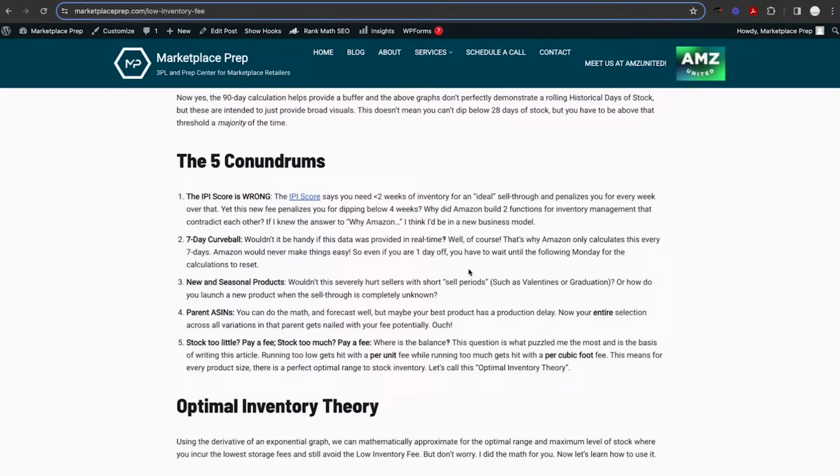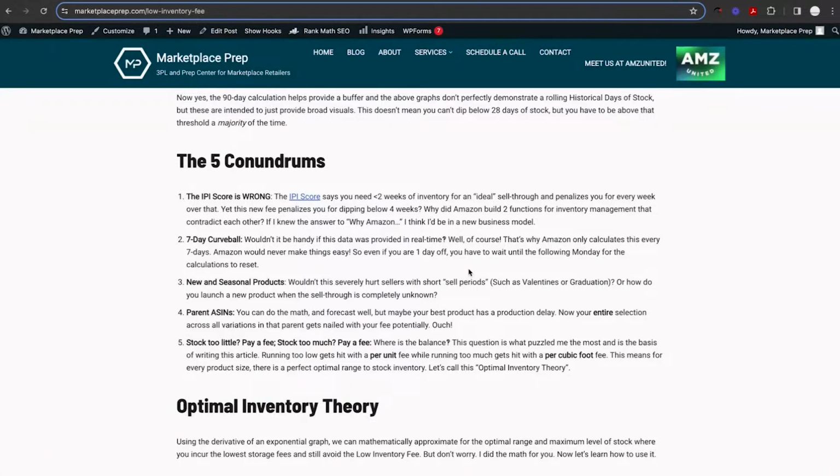And I've asked Amazon and they don't know. Or more like they don't respond. Will it likely change the IPI algorithm eventually? Maybe, but your IPI score could be going wrong or going down even though you're optimizing your inventory for this fee. I know, makes no sense, but it is what it is.